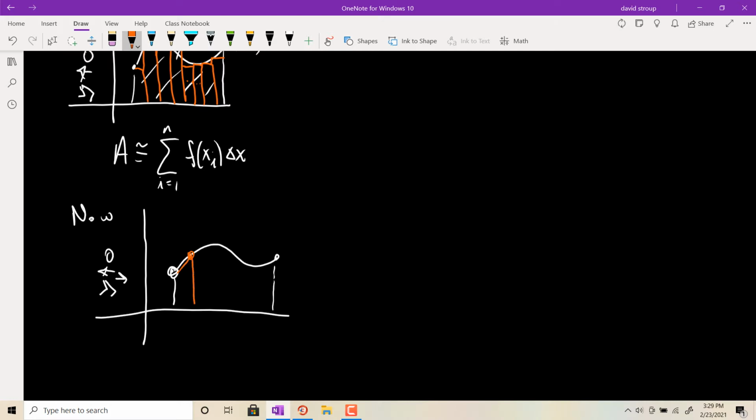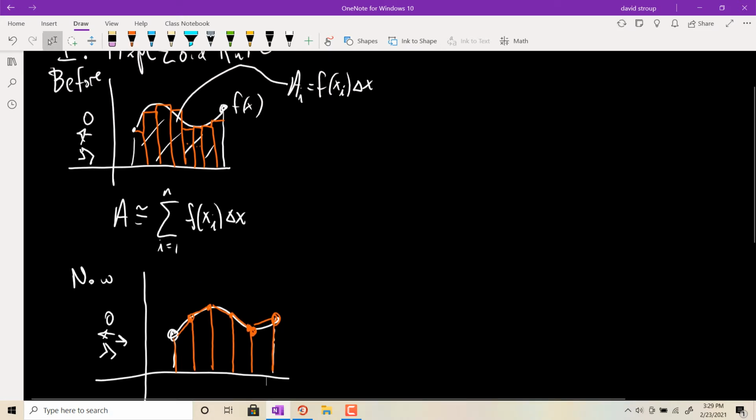So note the top of the box. It's basically a straight line where the endpoints are actually on the curve. And the Riemann man will run across and figure out the area of each particular trapezoid, and that will approximate the area. And you can see, it seems like this is going to be a better approximation than the rectangles, right?